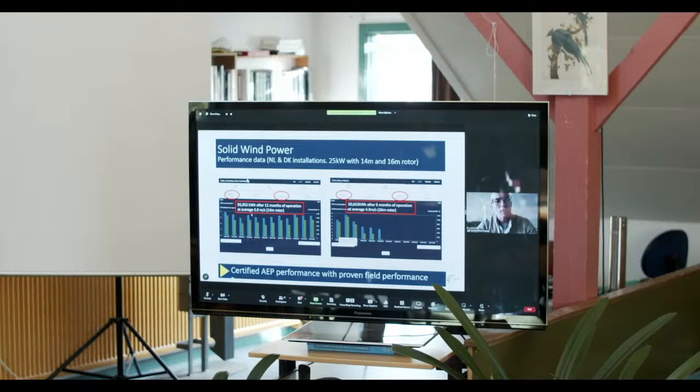This is one turbine on the left side, actually a Danish located site with a 40-meter rotor producing almost 93,000 kilowatt hours after 12 months of operation.